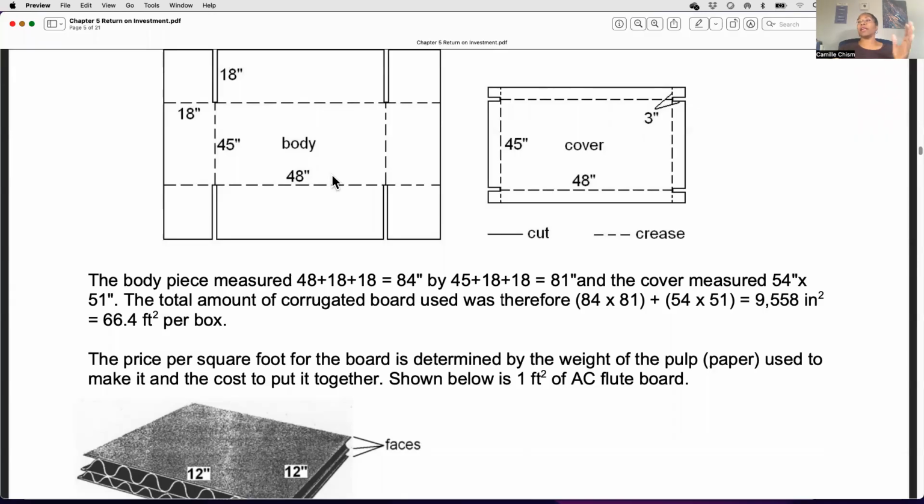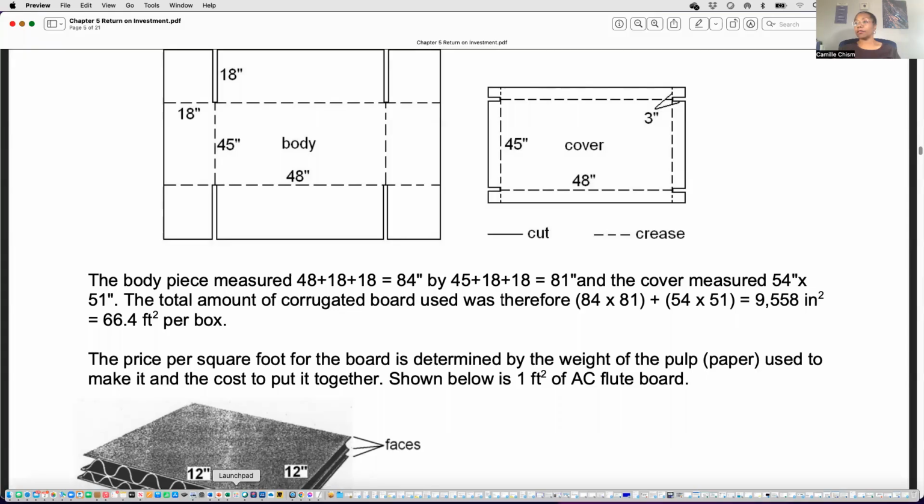So you're basically going to take the area of the box plus the area of the cover to see how much square footage you're using per box. So when you do that, the 84 by 81 plus the 54 by 51, you get 9,558 square inches. And when you convert that to square feet, you're going to come up with 66.4.